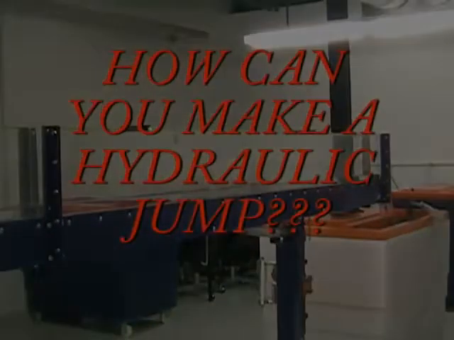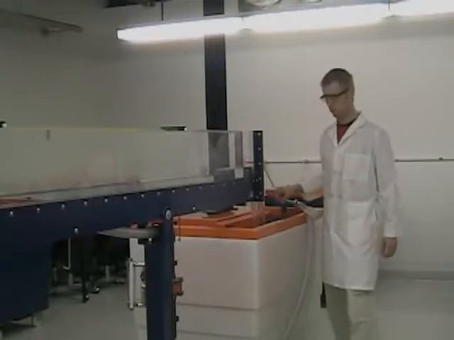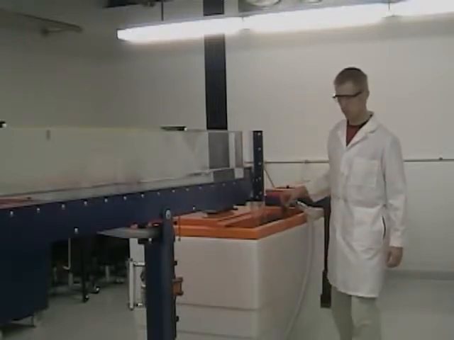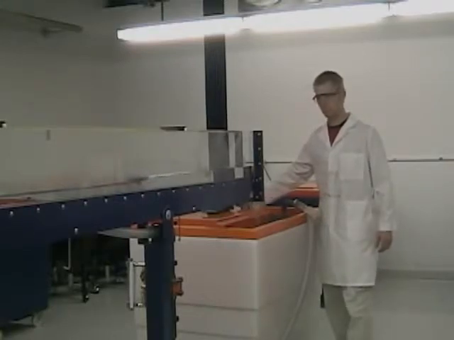Take a moment now and think of ways the hydraulic jump could be created in this condition. Since the flow is near critical depth, we can use the stop logs at the end of the flume to create subcritical flow.